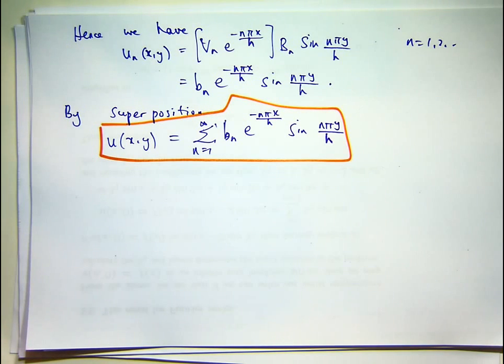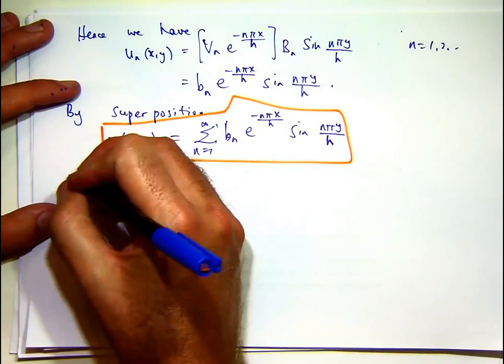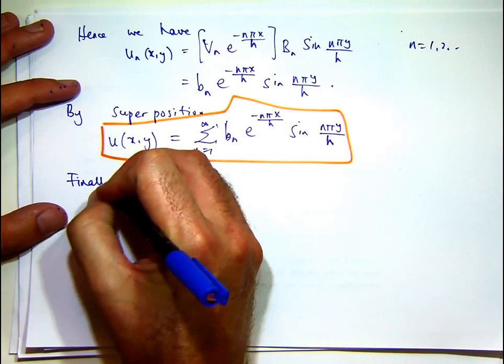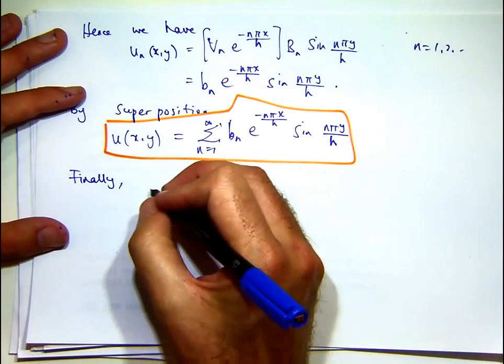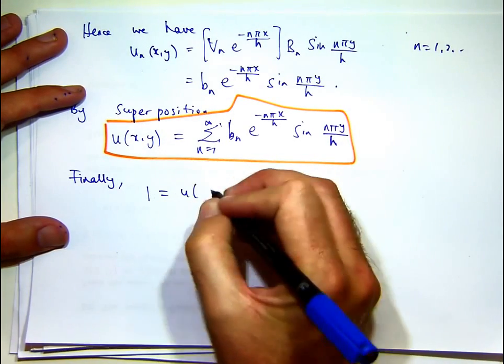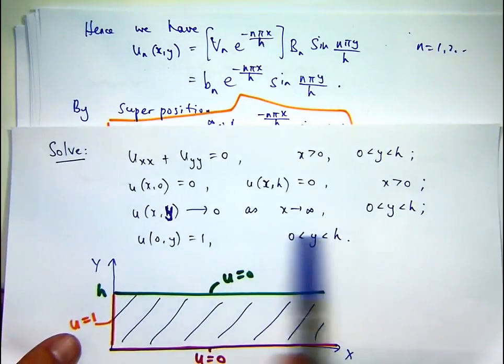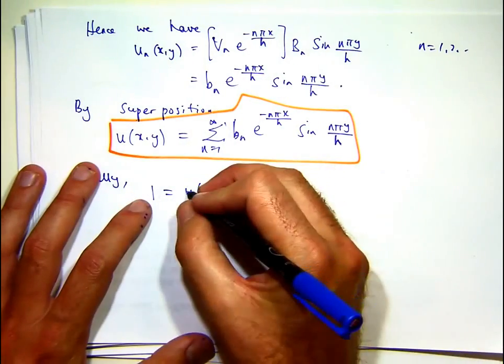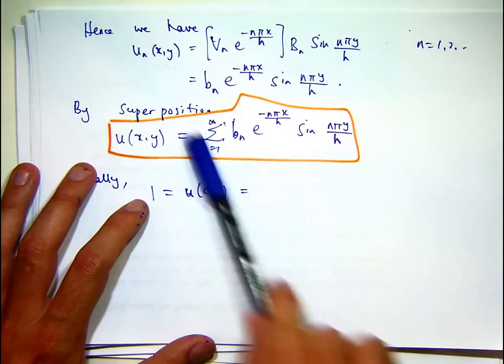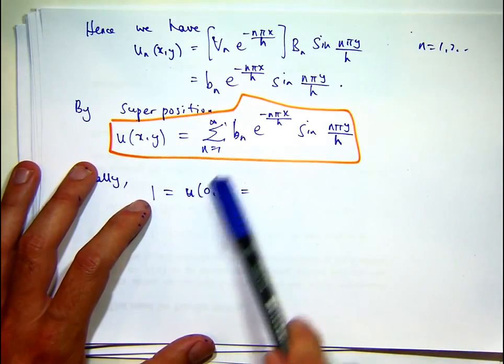This is where you may or may not involve Fourier series. So using the final condition, let's take our crazy looking sum and plug in x equals 0.